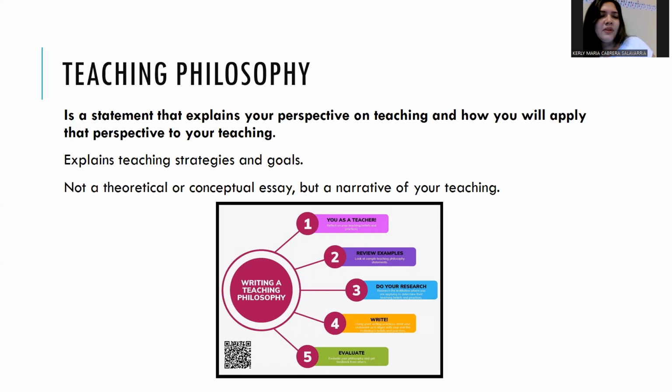One is that it explains teaching strategies and goals. And this is not a theoretical or conceptual essay, but a narrative of your teaching. To write a teaching philosophy, you have to reflect on your teaching beliefs and practices, review examples, do your research, write, and evaluate.